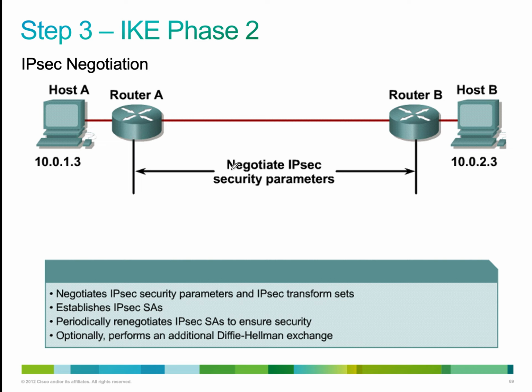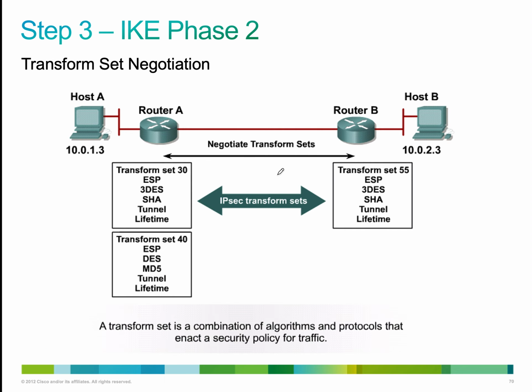What this negotiation is all about is IPsec security parameter negotiation. We call it transform set negotiation. So here they negotiate the whole set of what they have. Okay, a transform set is a combination of algorithms and protocols that enact a security policy for traffic.